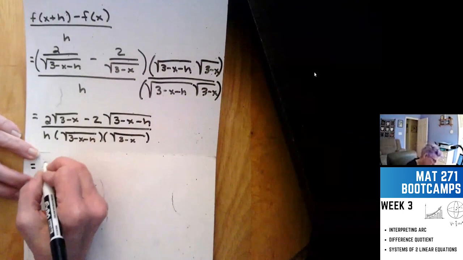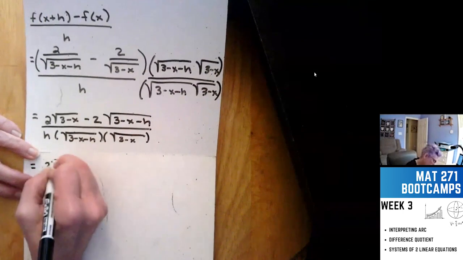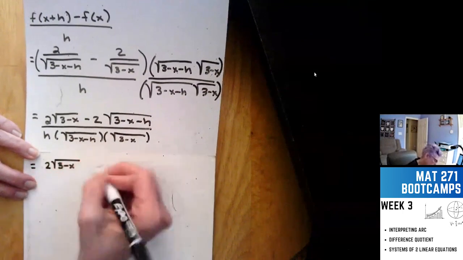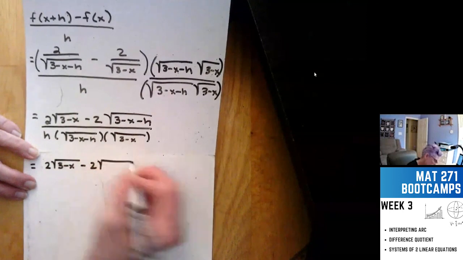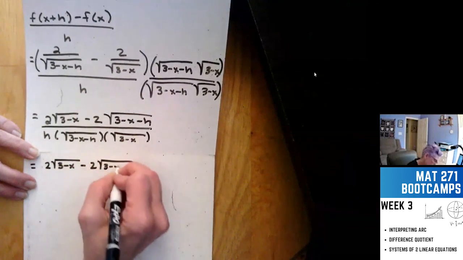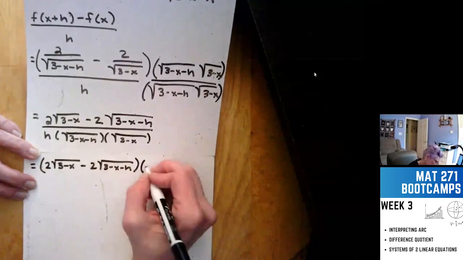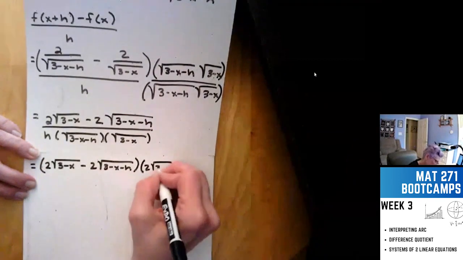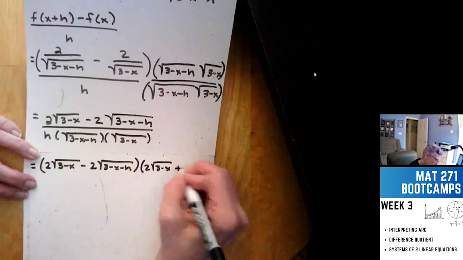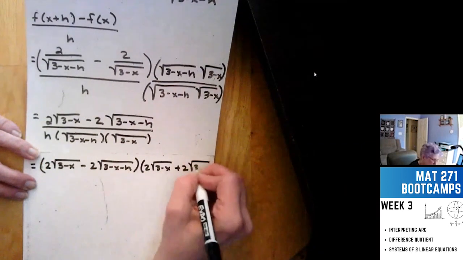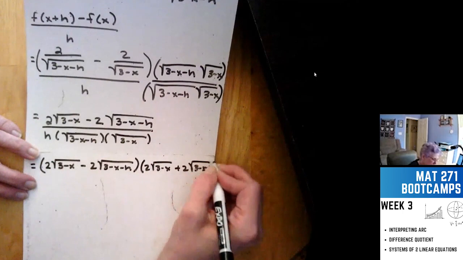So I have 2 times the square root of 3 minus x minus 2 times the square root of 3 minus x minus h. And I'm going to multiply by 2 square root of 3 minus x plus 2 times the square root 3 minus x minus h.